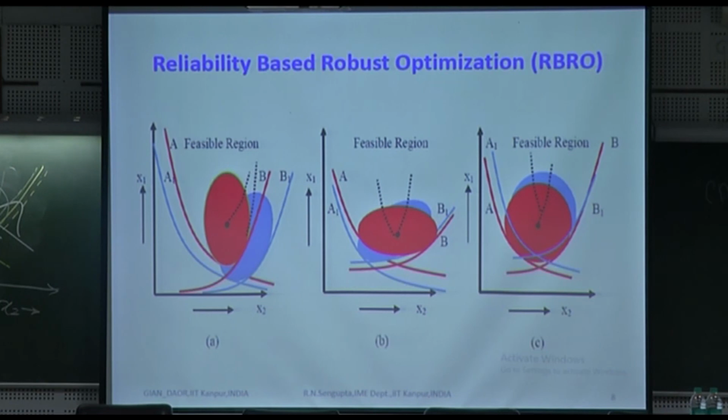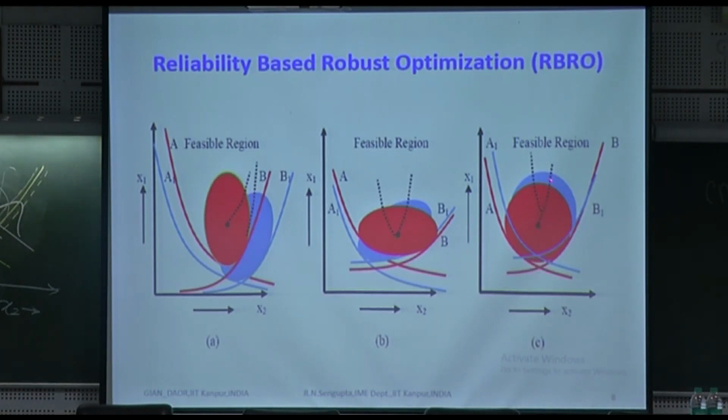As in the initial case you had the red lines which were A and B, hence the center of the circle was more towards the deterministic point. As you decrease the reliability, the line starts shifting more towards the feasible region. It cannot go out, it shifts more towards the inside. So obviously the reliability increases and the center changes.